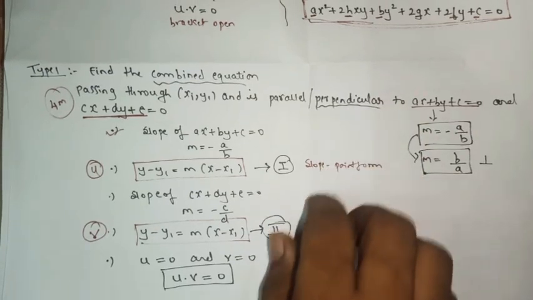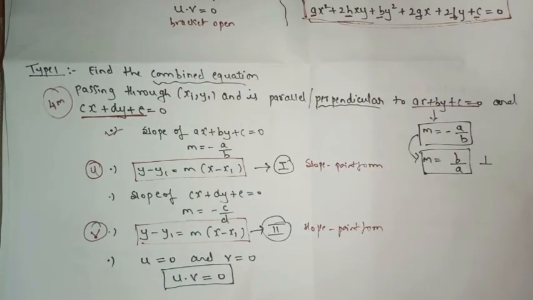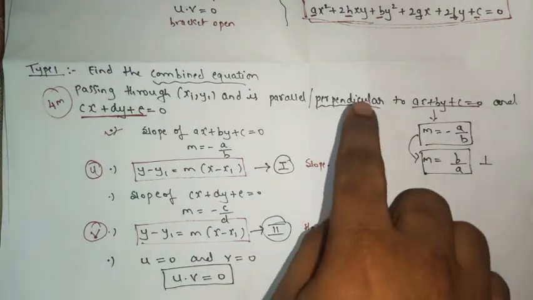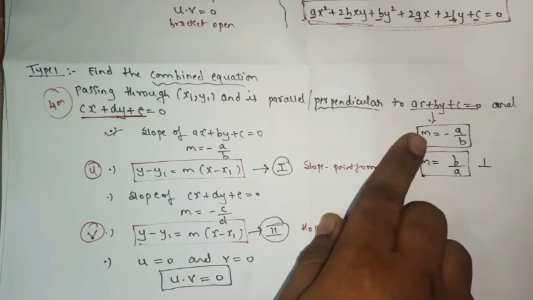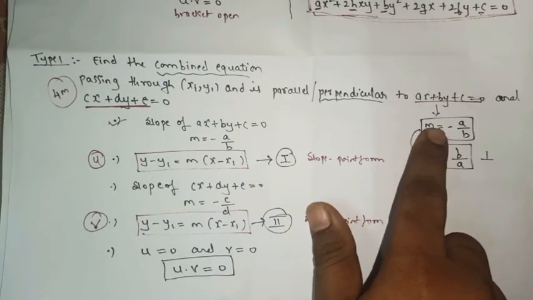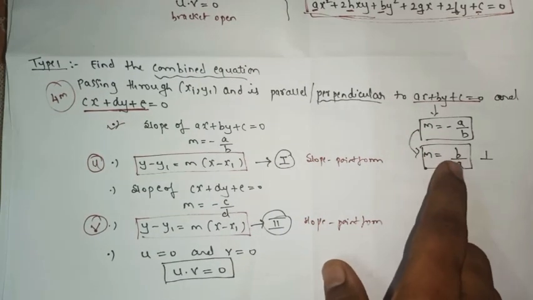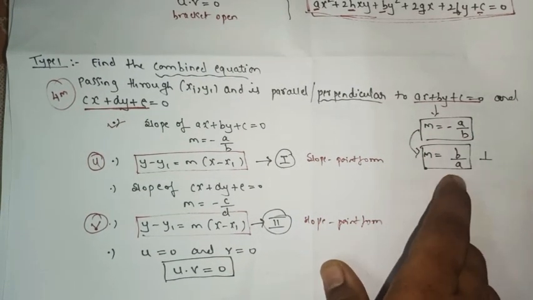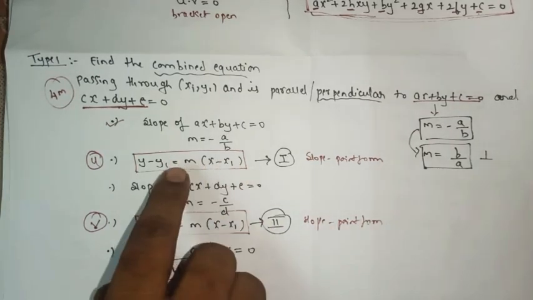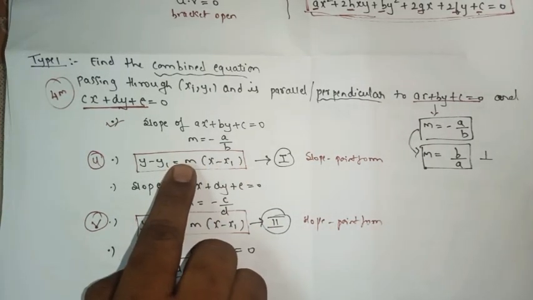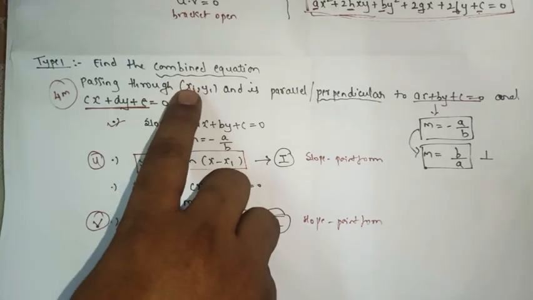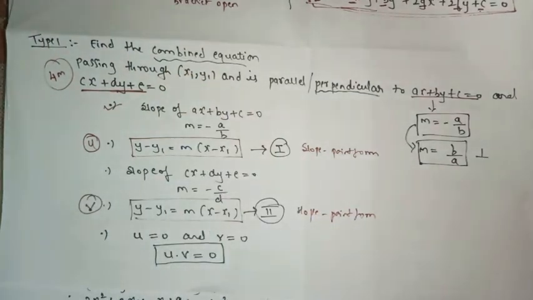Because I know that many students, while solving, will keep the slope as it is. So whenever the word perpendicular comes, after finding the slope, take the reciprocal with the opposite sign, then apply the slope point form, and consider this point as (x1, y1).